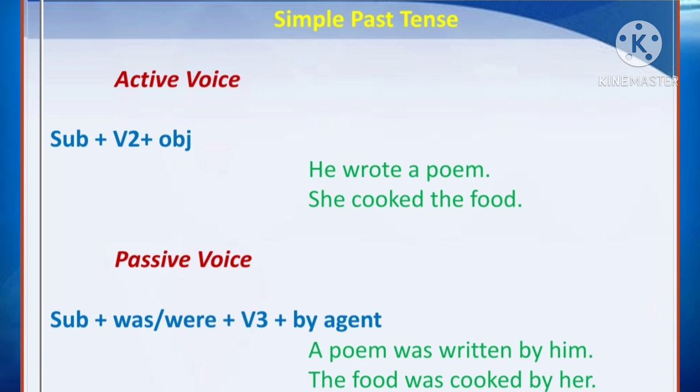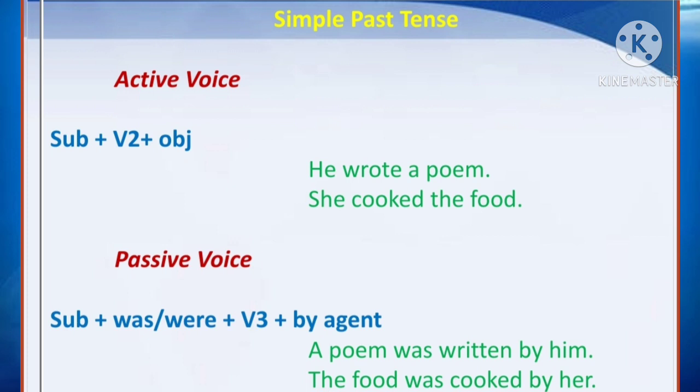A poem plus was. Because a poem is a singular word or singular subject, so we are using was here. If it was a plural subject, then we will use were. So here we will use was. A poem was written. Written is a past participle form of write plus by agent, by him. Next sentence, the food was cooked by her.